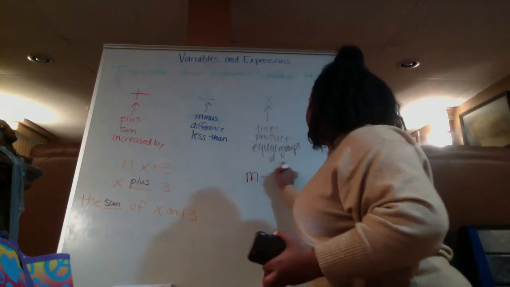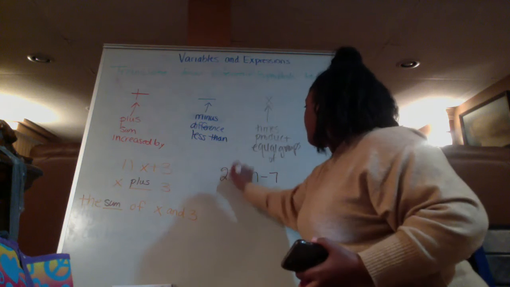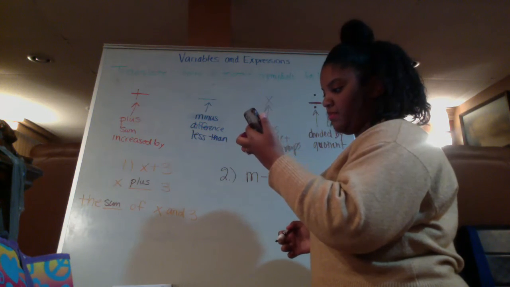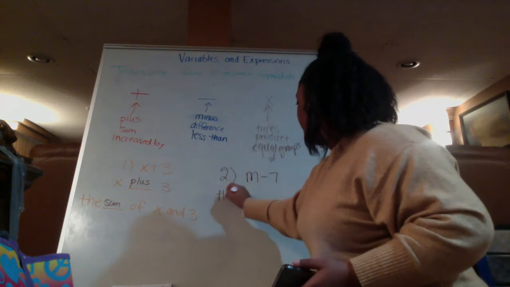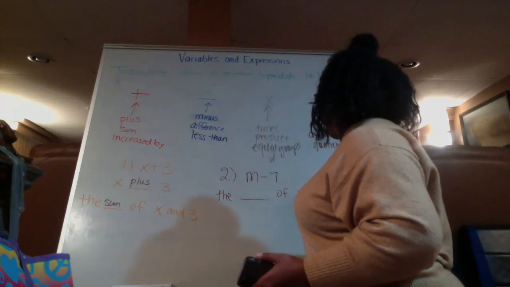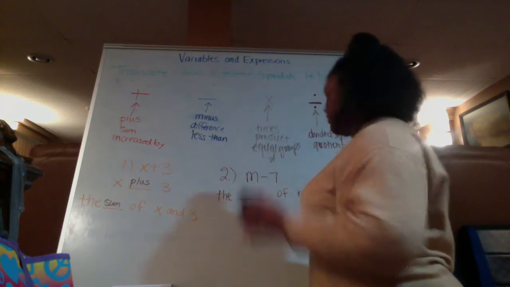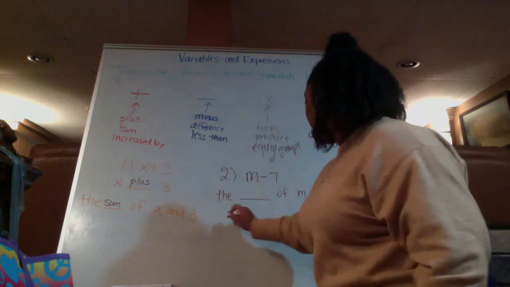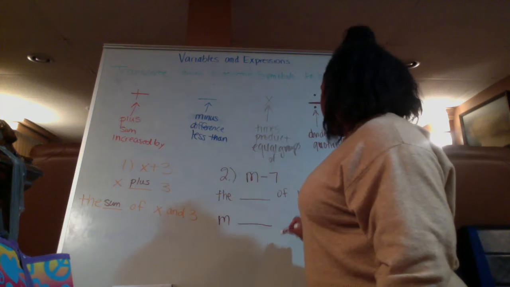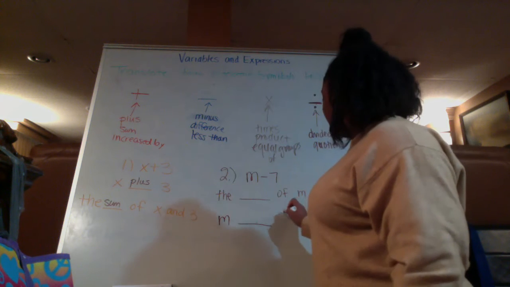We have m minus 7. Right? So we can say the blank of m and 7. We can say m blank 7.